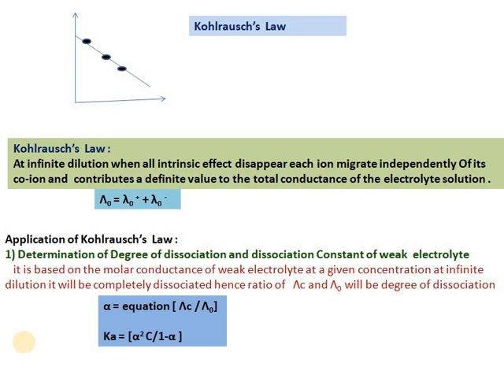The first statement is that the limiting molar conductance for the solution of an electrolyte must be the sum of the limiting molar conductance of the cation and anion of the electrolyte. Right. The second statement was also given by Kohlrausch: the limiting molar conductance of an ion is the same in all of its salt solutions.